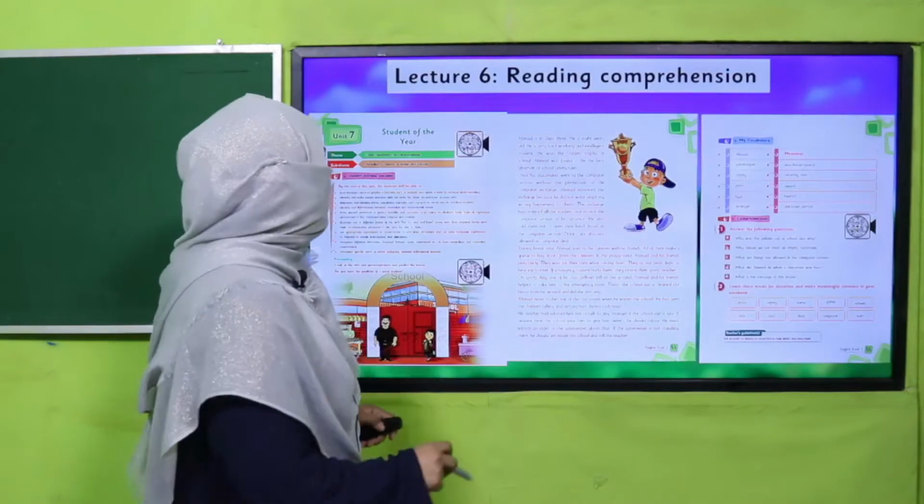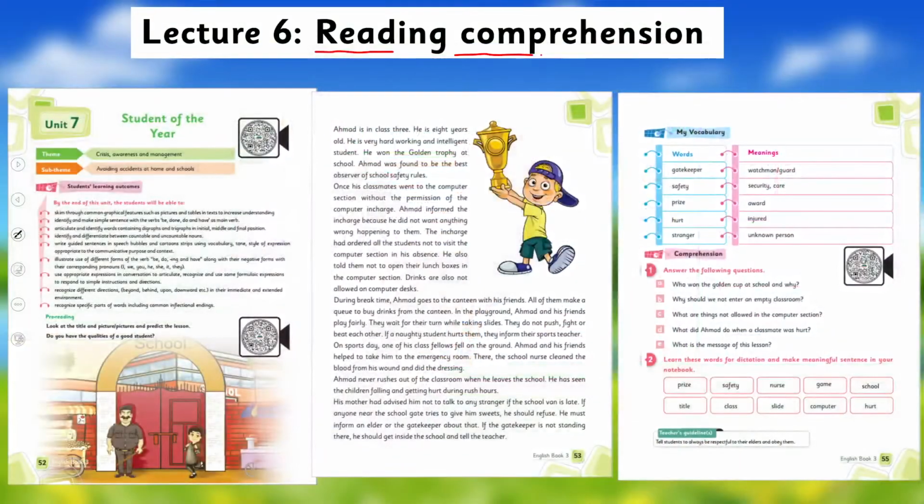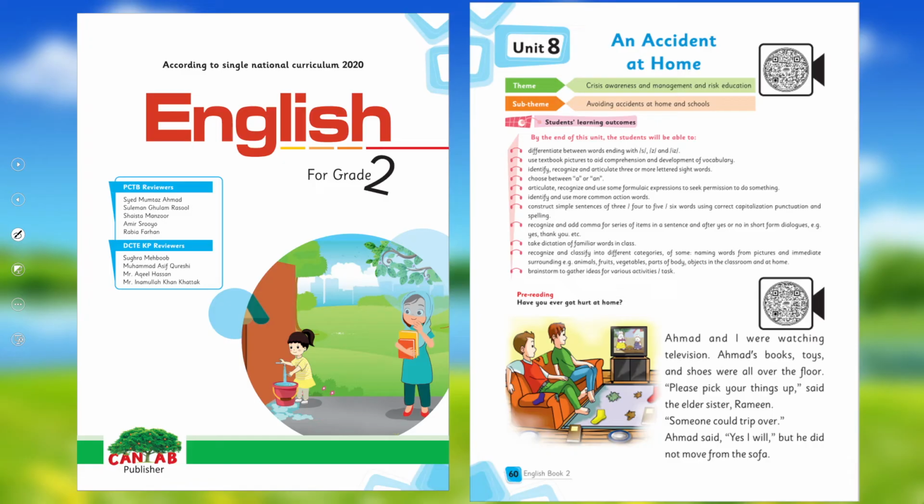Yes, my dear students, today we are going to start reading and comprehension of this unit, and we'll cover before this in English for grade 2. I have already taught you how to identify text by looking at pictures.